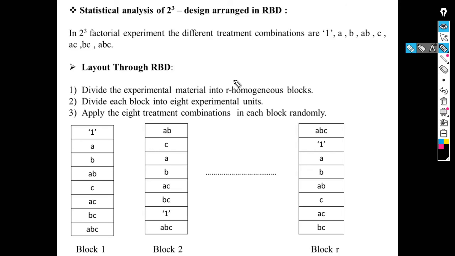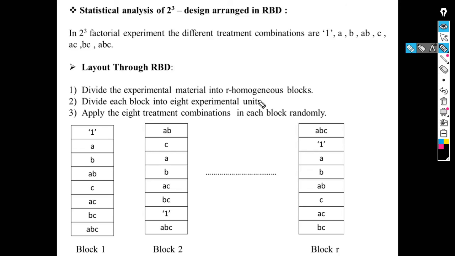Here we have 8 treatment combinations, so we divide each block into 8 experimental units. When we divide the whole material into R homogeneous blocks, after that we divide each block into 8 experimental units, since we have 8 treatment combinations.